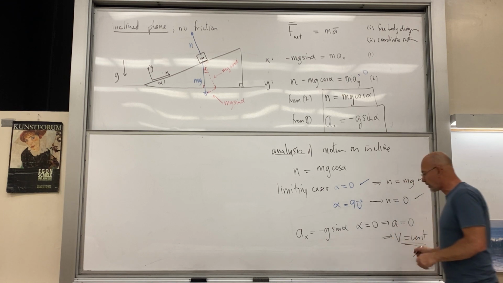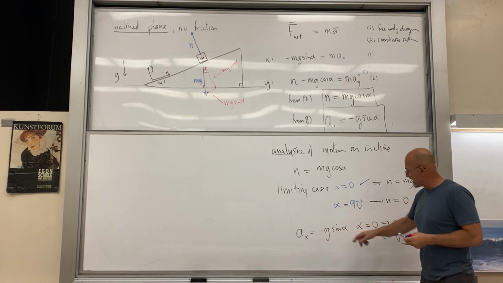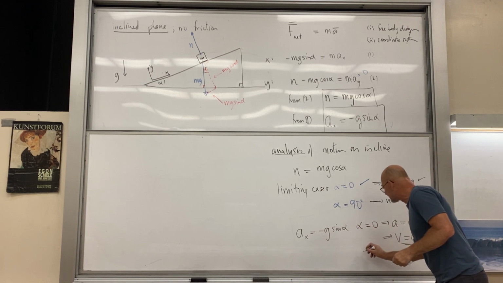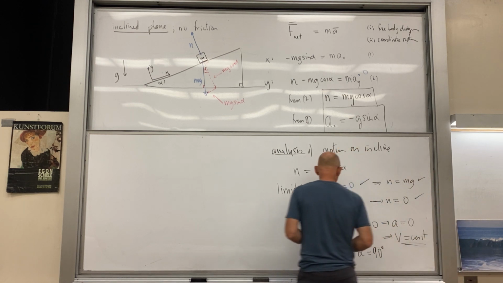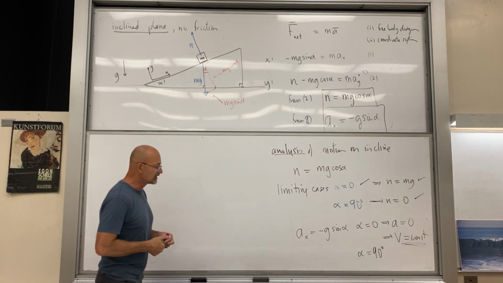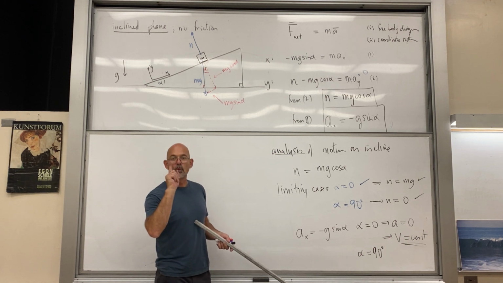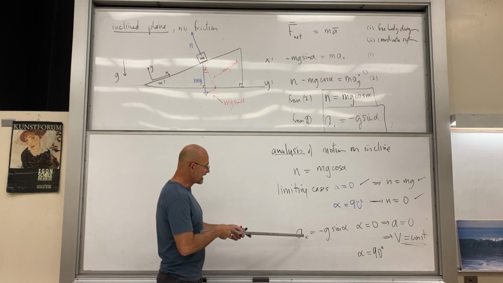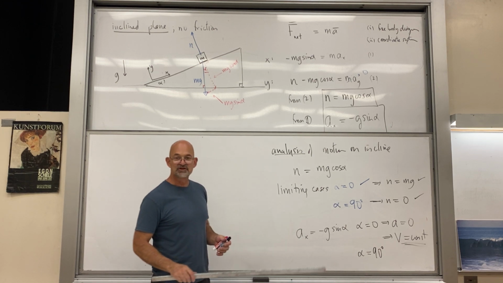Very important result. On the other hand, if alpha is 90 degrees, the sine of 90 degrees is 1. In that case, acceleration is just minus g, which means it's just free fall.